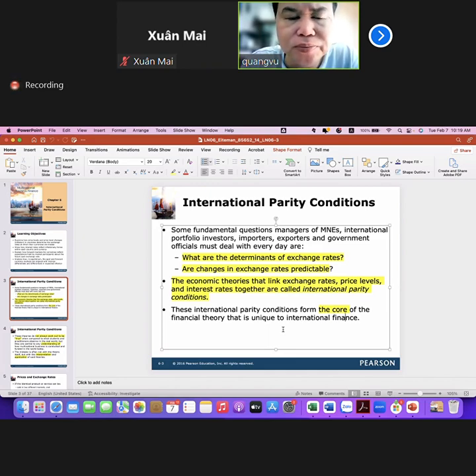How to make a prediction about changes in exchange rate in the near future? How? All the techniques so far in the literature are completely based on these international price conditions. Trust me. Even nowadays, you have fast development of technology.